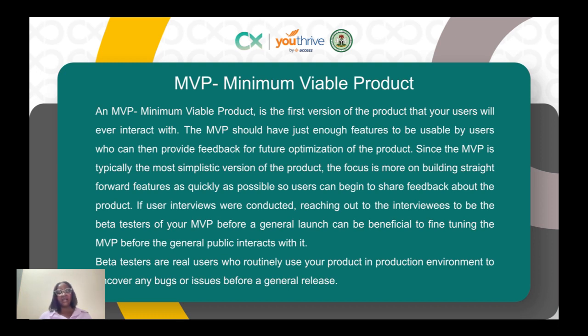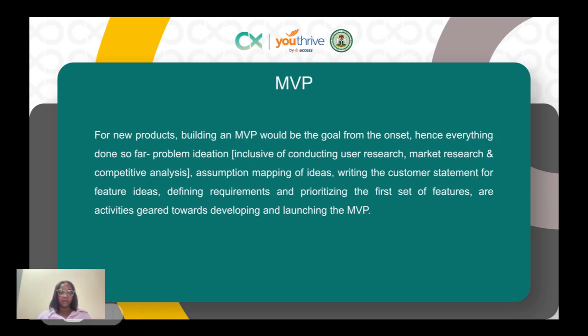So it's not on the live app yet, but it's in a production environment. What a production environment does is it simulates how the feature or the product would perform once it's live on an app store. And there are people who routinely use your product in production environments to uncover any bugs or issues before a general release.